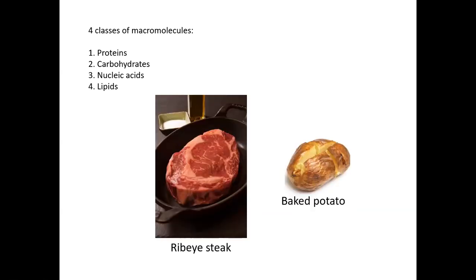Well, because these are just good examples of macromolecules. Proteins, lipids, carbohydrates. These are things that we come into contact with all the time. And our most common contact with these macromolecules is actually through our diet.